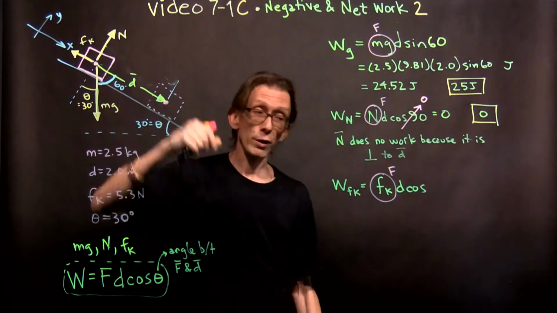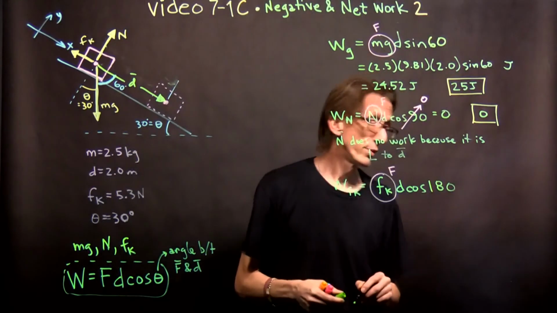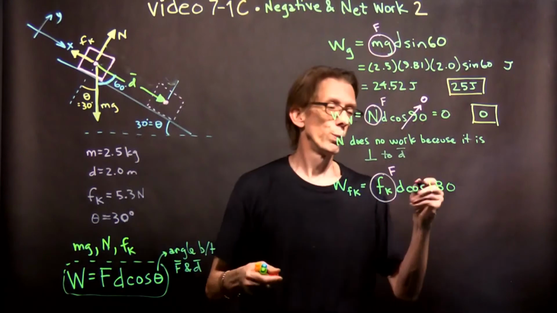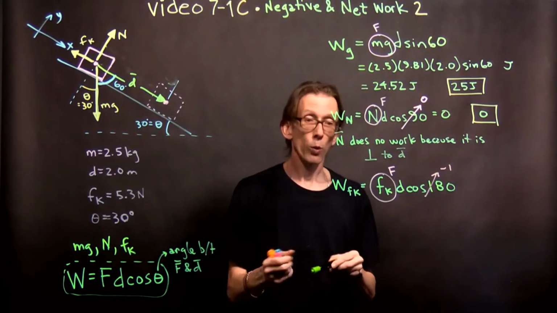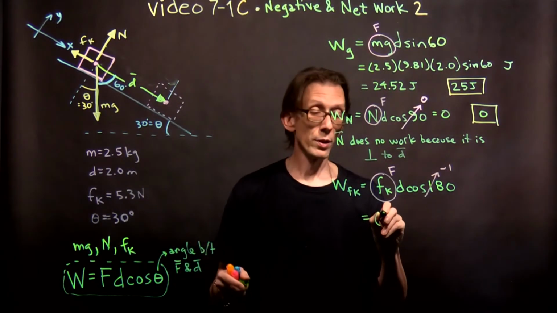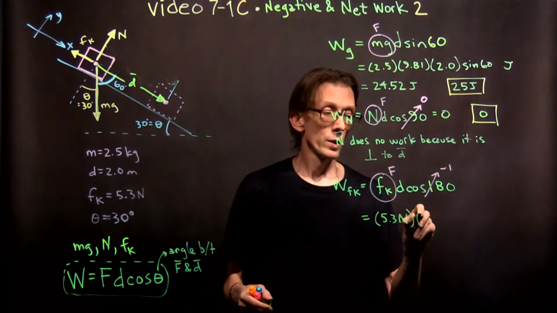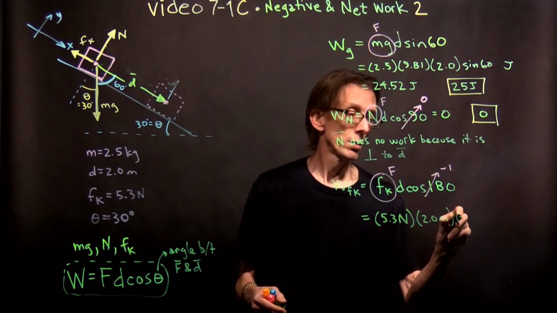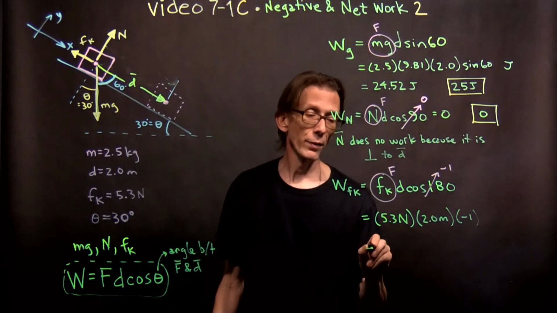So the angle is 180. And you'll remember from last time that the cosine of 180 is -1. So the work done by the frictional force is going to be 5.3 newtons, that was given to us, the magnitude of the frictional force, times 2.0 meters times -1.